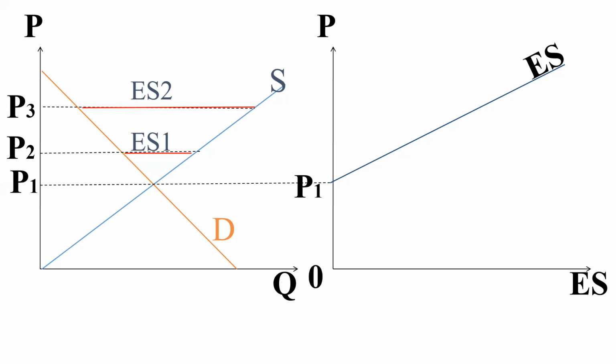Excess supply further increases to ES2 when the price increases to P3.